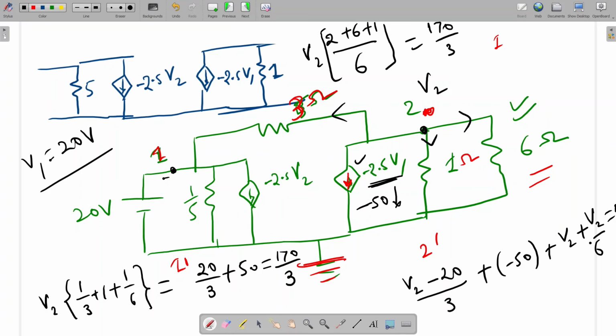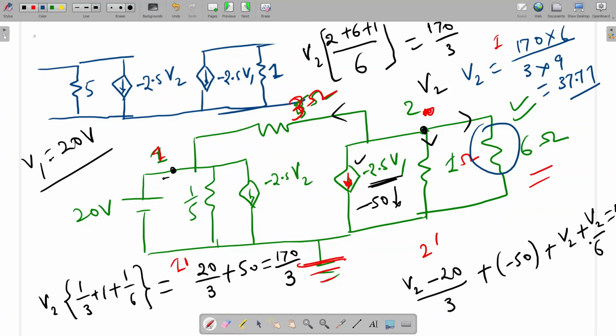Okay, let me calculate also. 6 plus 2 plus 1 is 9. So 170 into 6 divided by 9 into 3. It is coming around 37.77. So V2 is equal to 170 into 6 divided by 3 into (6 plus 2 plus 1), which is 9. It will be 37.77.